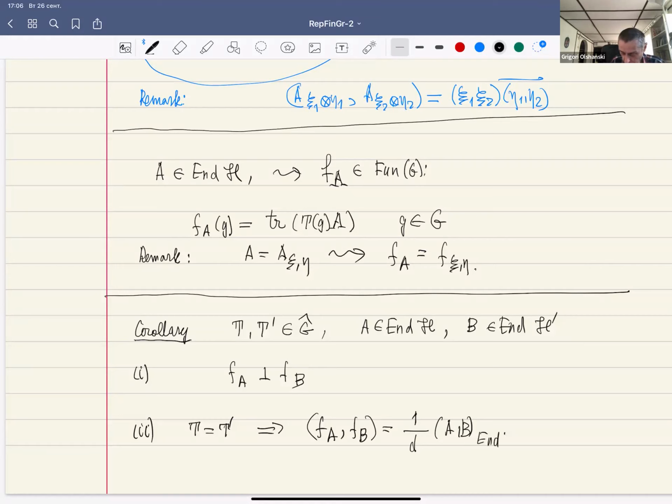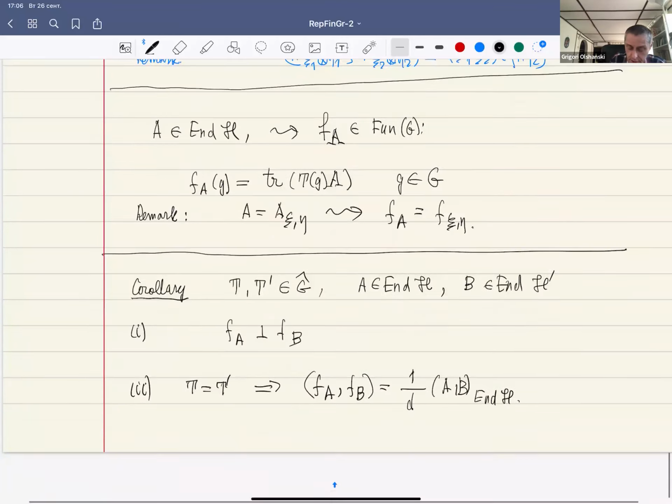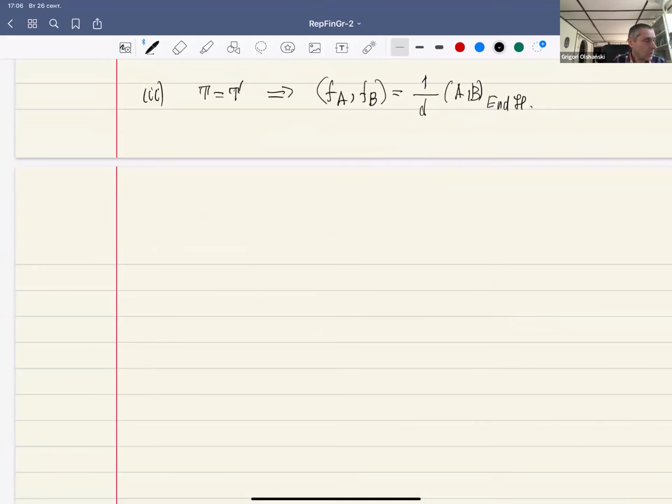I recall that this is the scalar product in the space of operators. So again, it's easy. It's a direct corollary. And what next?